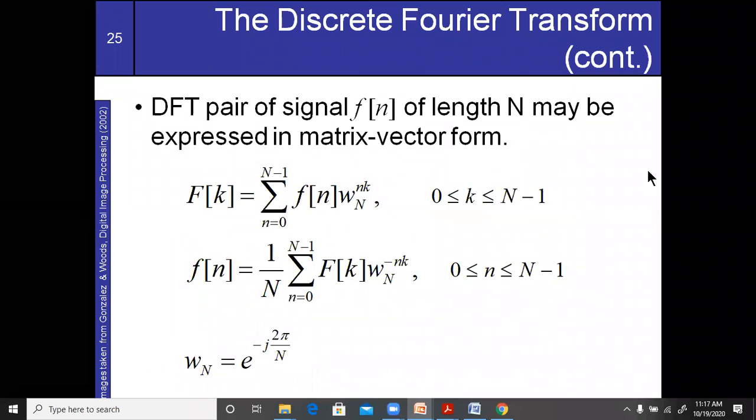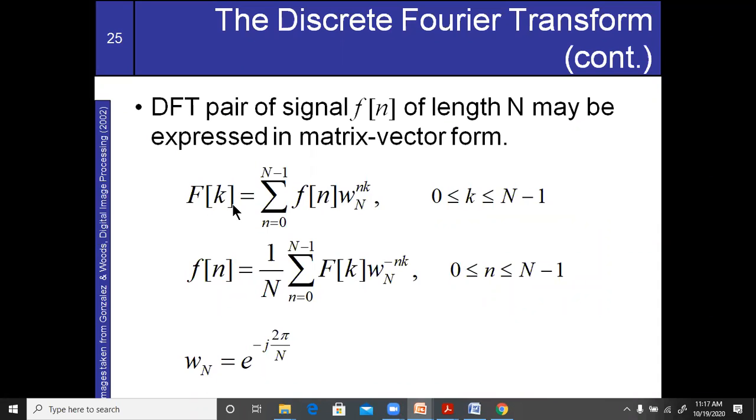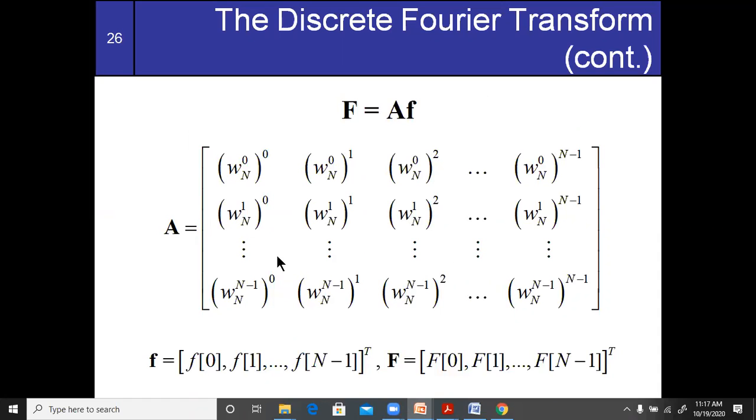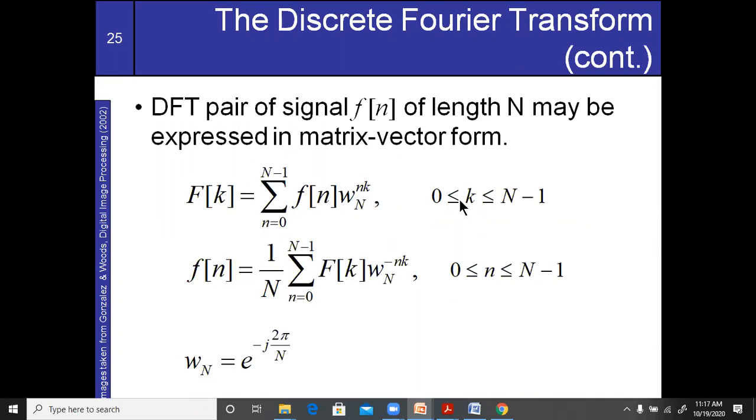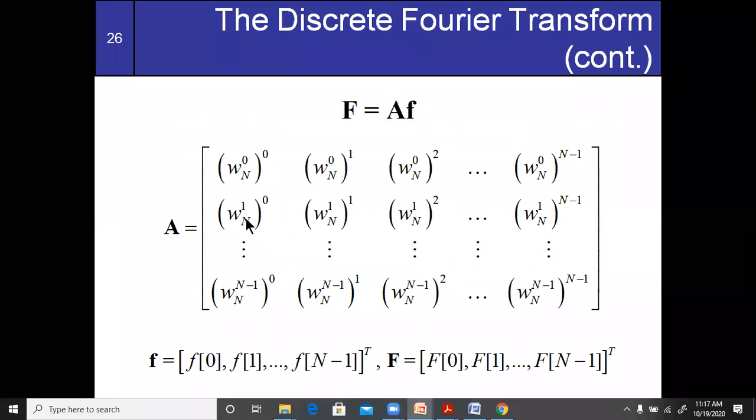And when K is equal to 2, we'll have capital F of 2, and that will correspond to the third row. Similarly, when K corresponds to capital N minus 1, F of N minus 1 will correspond to the row which is there over here.